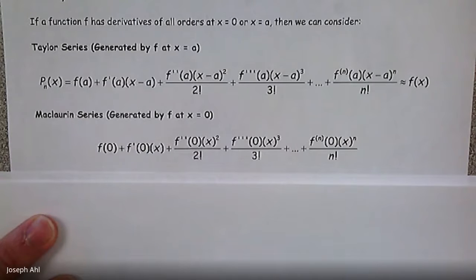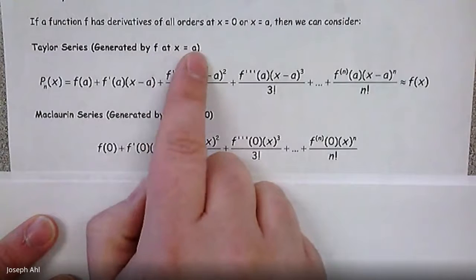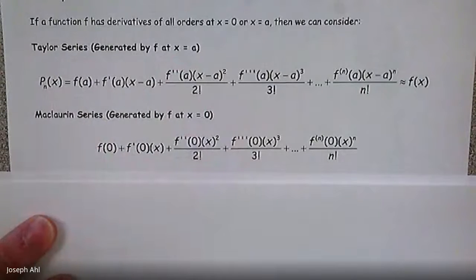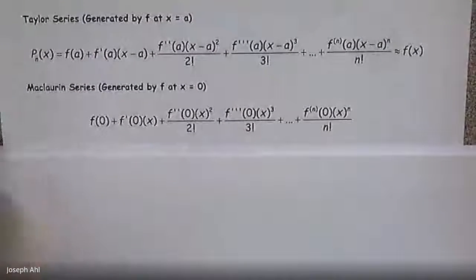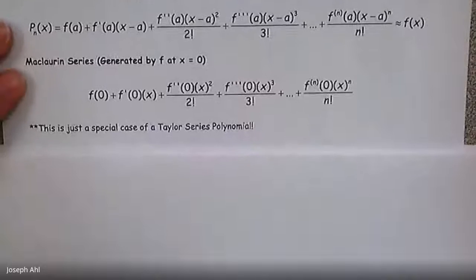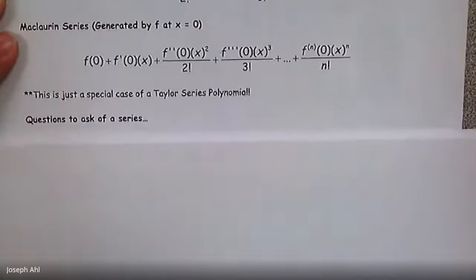If it's at any other value of x, if it's at x equals 1 or surrounding any other x value, then technically we're looking at a Taylor series. So just in terms of some vocab there, Maclaurin is technically what we've done so far today. So it's really just a special case that we're looking at.